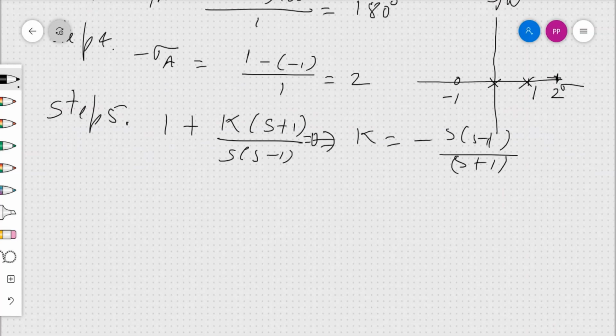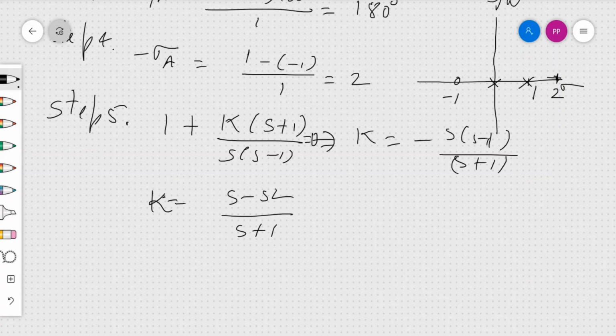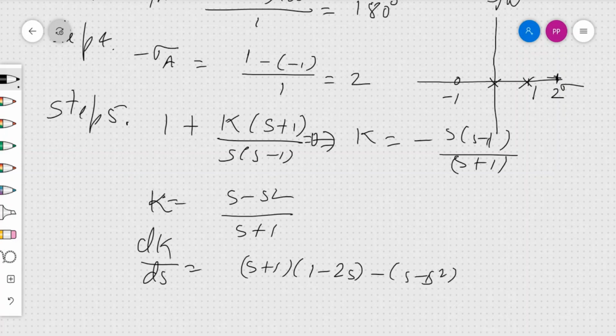So from here we can write further that K equals (s minus s square) divided by (s plus 1). Therefore dK by ds equals (s plus 1) into (1 minus 2s) minus (s minus s square) into 1, divided by (s plus 1) whole square.